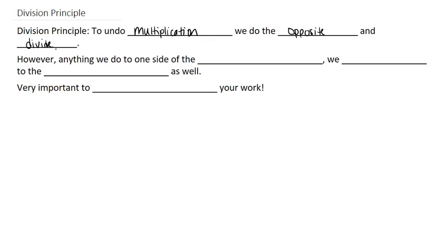However, anything we do to one side of the equation or equal sign, we must do to the other side as well. And it's very important to show all your work.